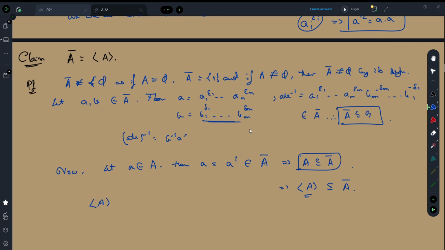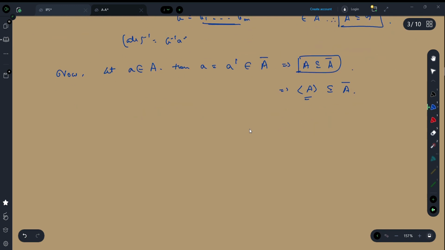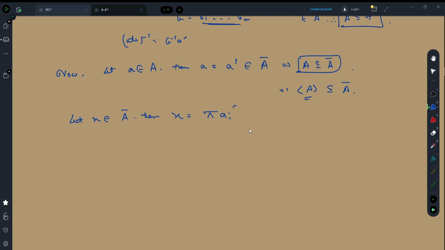Yeah, let's do it in this way. Let x be an element of A bar. Then x is of the form, so it's of the form this, right?